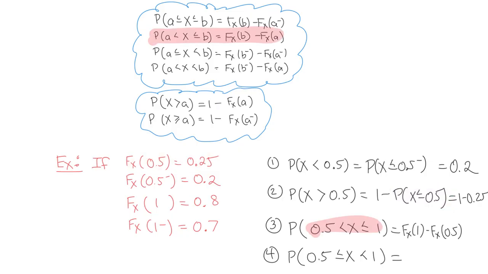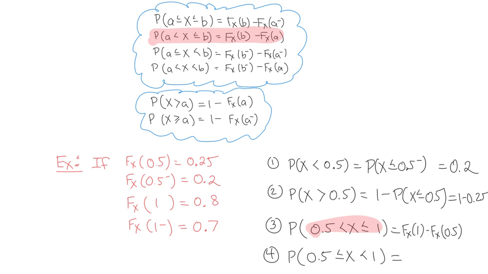Now, probability over an interval. The probability x is between a half and 1. This is one place where you need to be particularly careful because changing those less thans into a less than or equal sign often changes the answer.